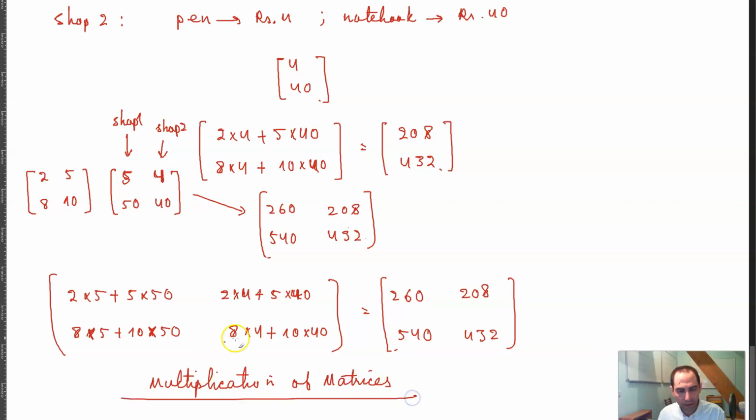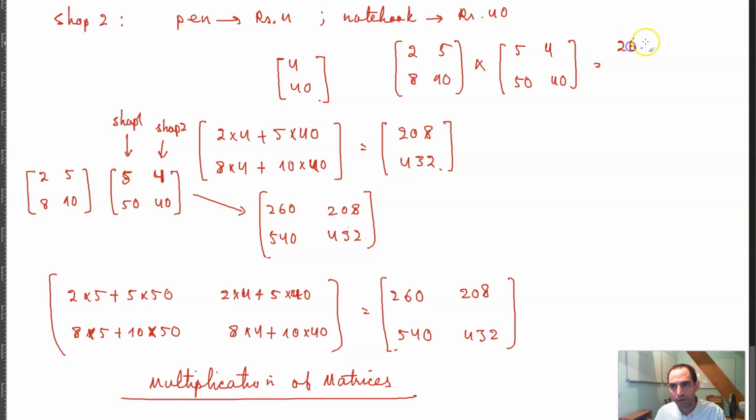What that means is that you can write 2, 5, 8, 10, and multiply it by 5, 4, 50, 40, and that gives you this matrix, which is 260, 208, 540, and 432.